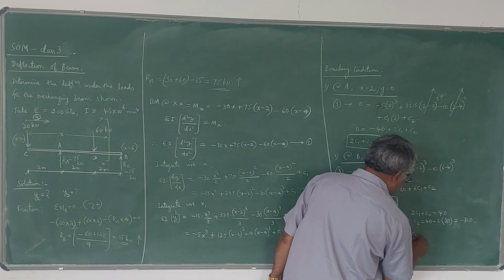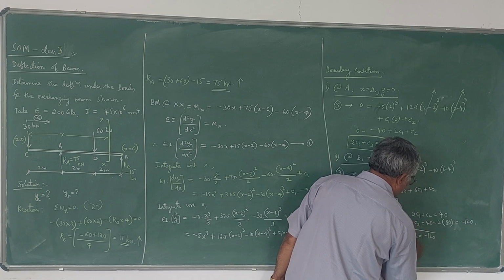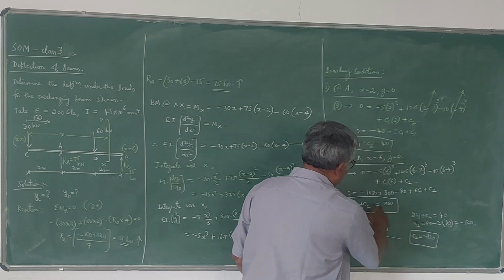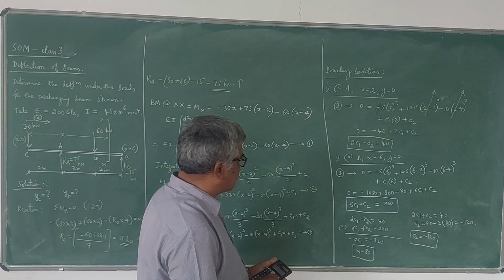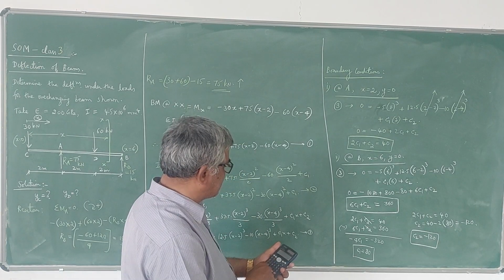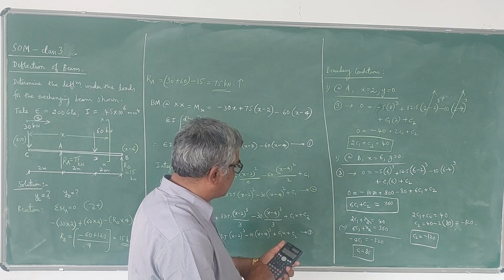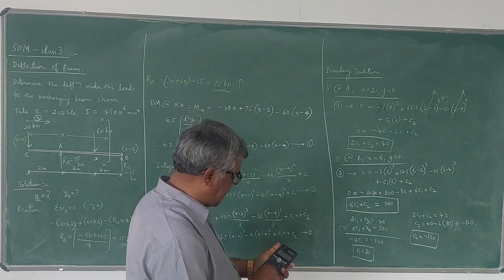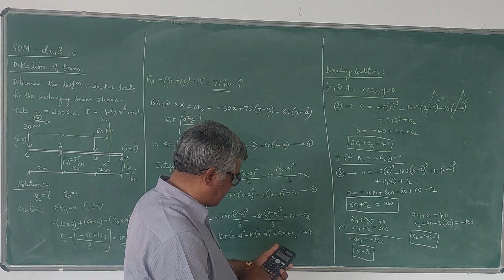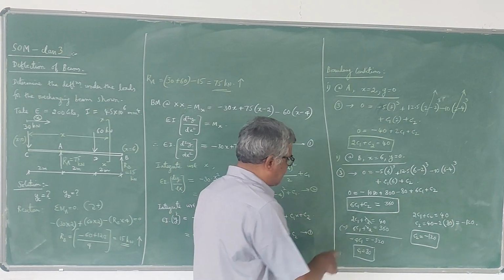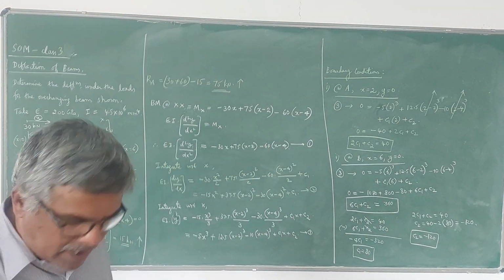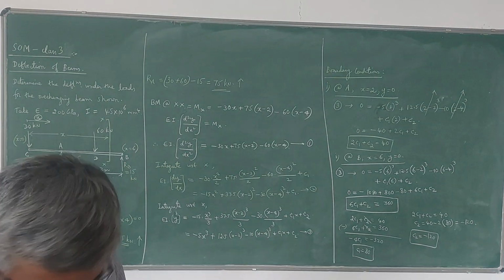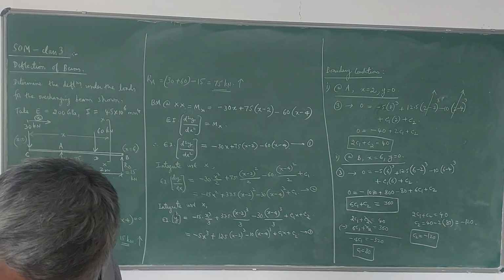So c2 is minus 120. So you can check the answer by putting in the second equation. 6 into c1 will be 480. Okay, 480 minus c2, which is 120, is 360. Okay, the answers are correct. So we got c1 value as 80 and c2 value as minus 120.